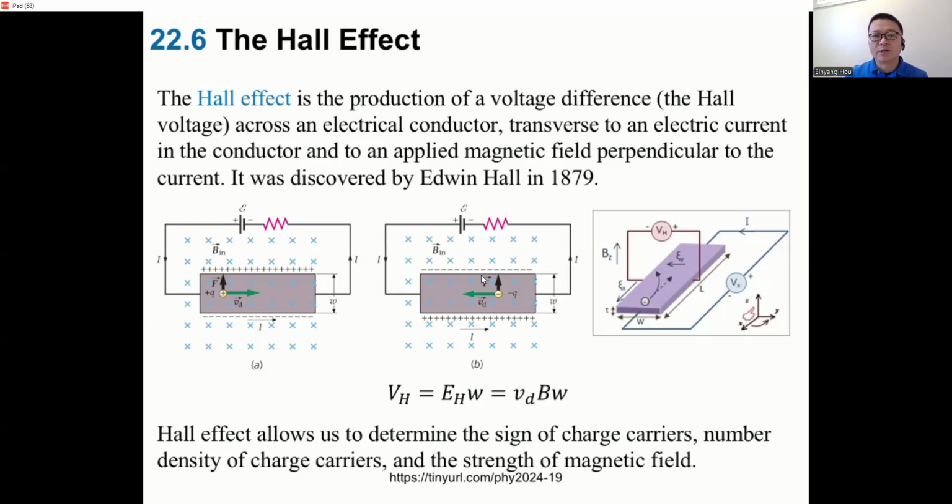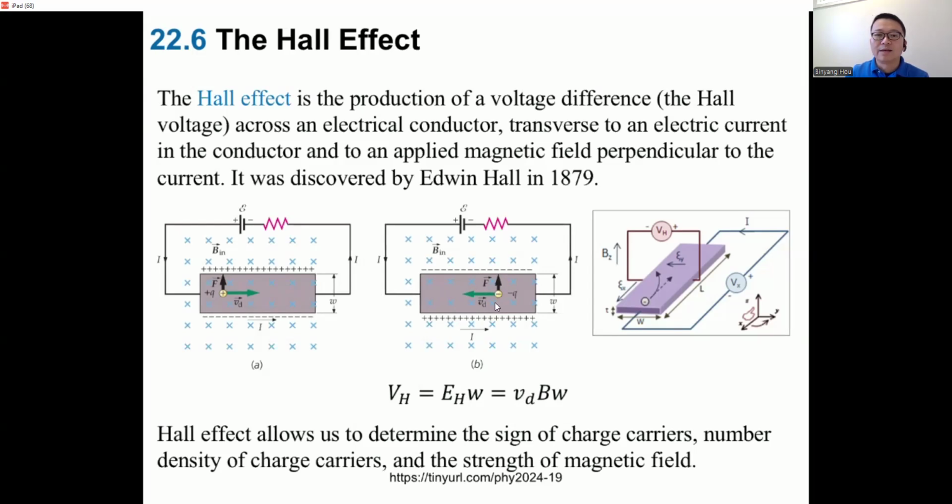When you reach the maximum voltage, the electric force upward and the magnetic force going downward should be equal to each other. Once you have that, because this is a magnetic force, the electric force will be in the opposite direction, okay?